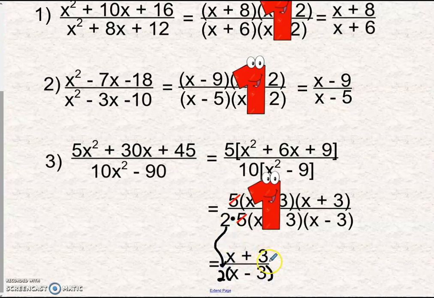Now, if you want, you can distribute that 2, or you can leave it factored out in front. So if you want to call this the quantity of x plus 3 in the top and 2x minus 6 in the bottom, you're welcome to do that, or you can just leave it out in front. It's up to you. Well, I hope this helped. And today we have some practice problems I want you to go through. Make sure you're following our 2-step rule of factoring and then finding 1. Good luck.